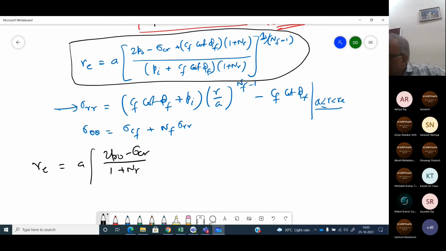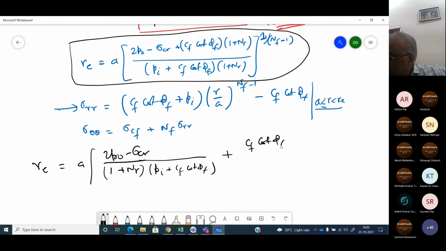And this CF, sorry, this will stay with that one: Pi plus CF cot phi F. I'm just dividing it. Plus this one, if I do CF cot phi F by Pi plus CF cot phi F, right? This is 1 by NF minus 1.